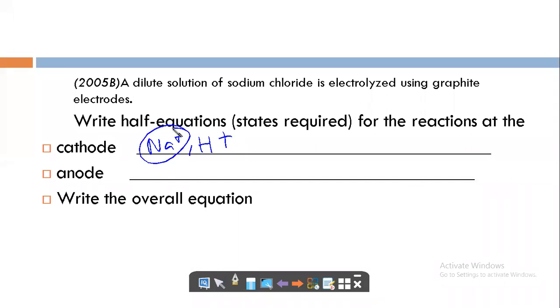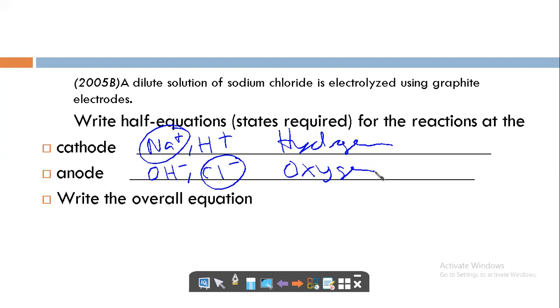So Na+ is more reactive, it will stay, so the product will be hydrogen. And at the anode, you will have OH- and Cl-. Cl- is more stable, it will stay. OH- will go, so the product will be oxygen gas. I will let you try some questions and I'll explain further when we meet next time.